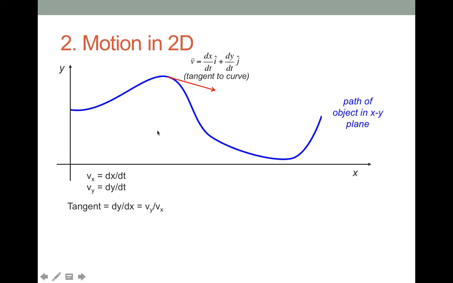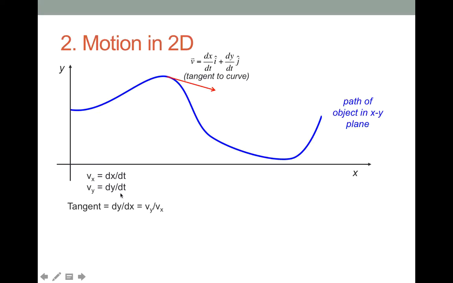The velocity vector, of course, is just the derivative of the position, which means the x component of the velocity will simply be the derivative of x with respect to time, and the y component will just be the derivative of y with respect to time. The tangent to this curve will just be the derivative of y with respect to x.